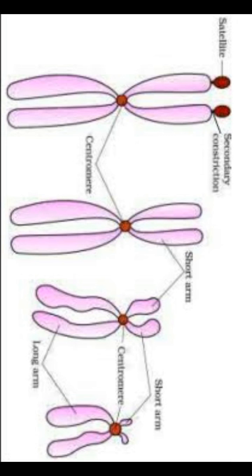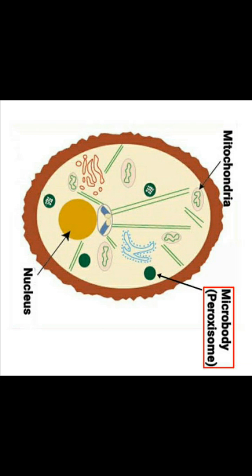Understood? Now, coming to microbodies, students, you can see the microbody structure on the screen. Microbodies include different organelles like glycosomes, glyoxysomes, and peroxisomes. All these together are called microbodies. Since they are micro in size, they are called microbodies.